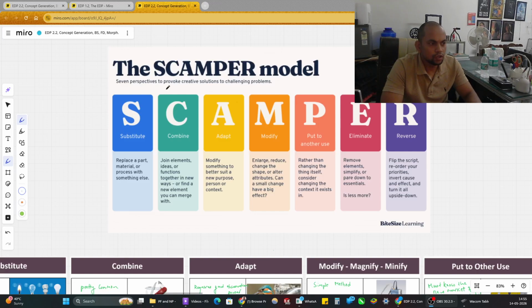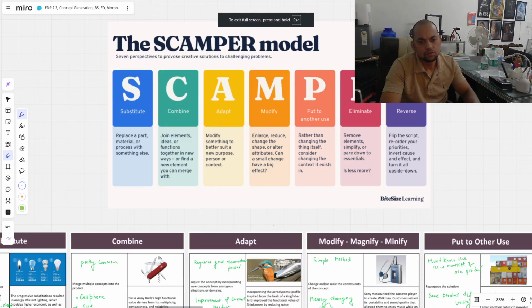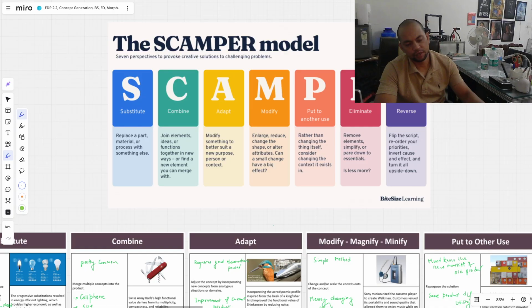Okay, so today we are going to talk about the SCAMPER method. In our last lecture, we talked about the concept development method, which was functional decomposition.